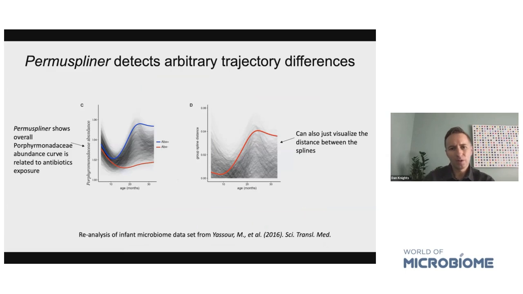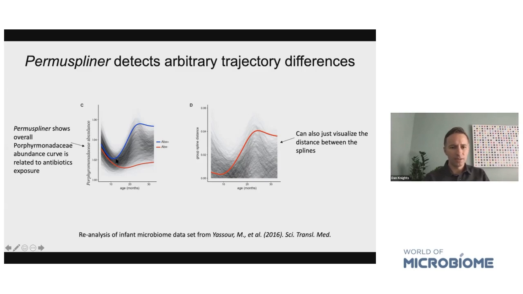And we applied this to an infant microbiome data set, longitudinal analysis from Moran Yasur. And we reanalyzed this with SplinectomeR using the Permuspliner function. We were able to find that this one family, Porphyromonaceae, was strongly differentiated between the antibiotic exposed infants and the non-antibiotic exposed infants in the shape of its trajectory over time.